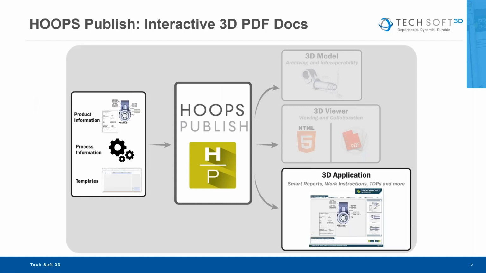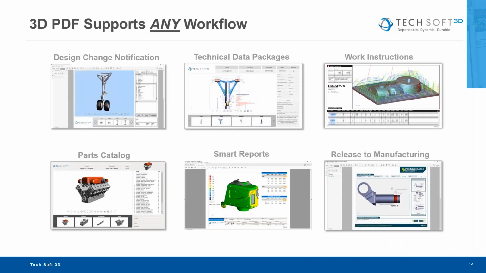Lastly, there's an area that we're seeing a lot of recent traction in. In this area, we would call it using the 3D capabilities inherent in the PDF platform to create an app-like experience, either on a desktop, on a mobile device, or in a browser. And I'll explain a little bit more what I mean by that in a second.